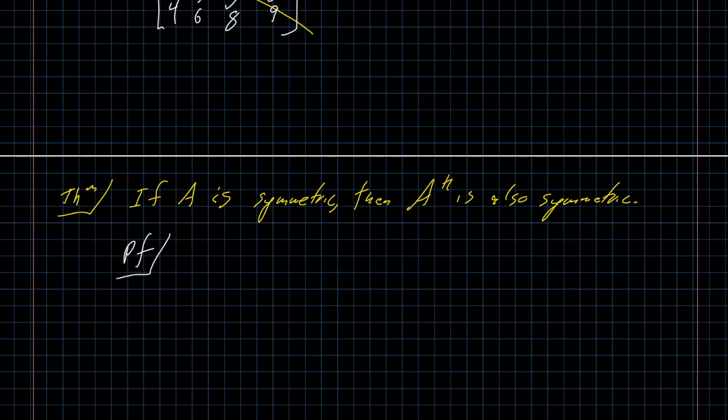All right, this is that last property of the transpose that I hadn't talked about. Right, A to the k transpose is the same thing as A transpose to the k power.